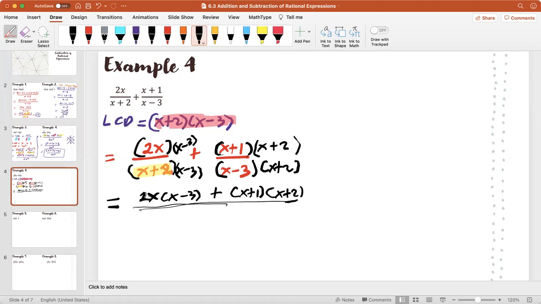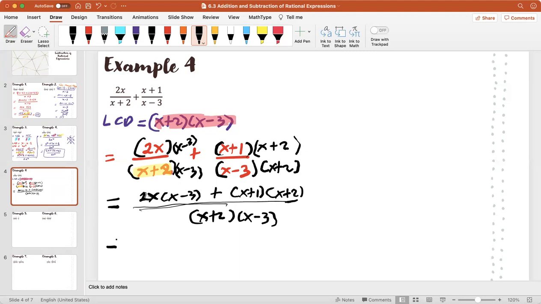When you're doing this step, it's very important that you enclose expressions with parentheses to avoid mistakes in signs. We note that these denominators are the same, so we just write the LCD, x plus 2 times x minus 3, once under one fraction bar.